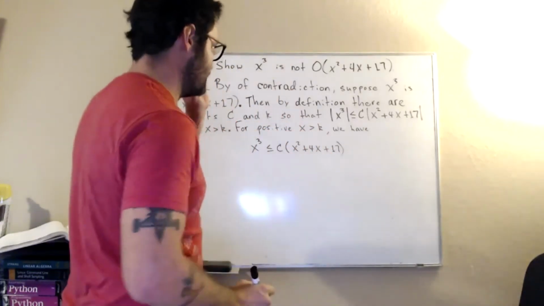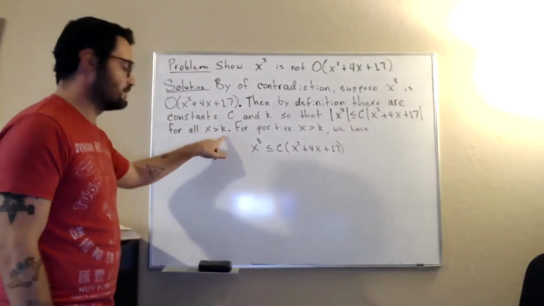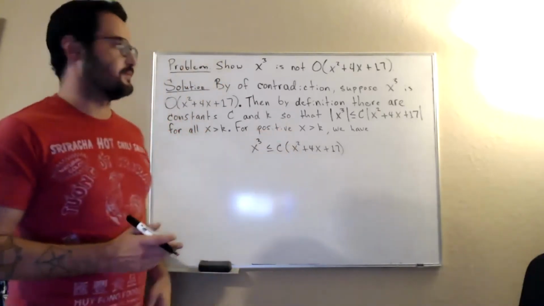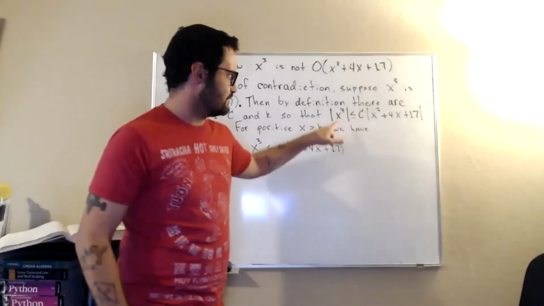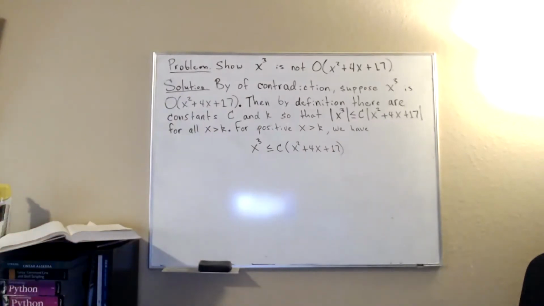So since this absolute value inequality holds for all x greater than k, eventually there's going to be positive x greater than k, right? Off to infinity. So for positive x greater than k, we just drop the absolute values because that'll be positive and that'll be positive. Okay.